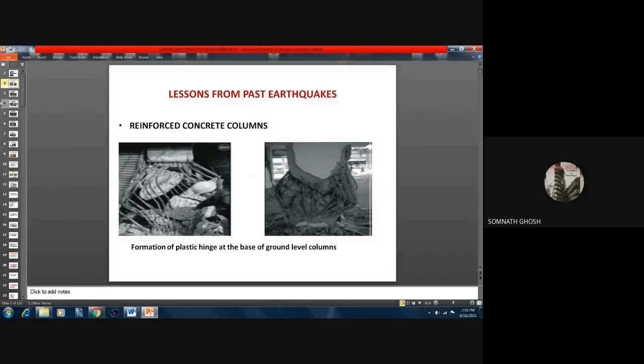You see, it's a typical reinforced concrete column. And at the base level, if the column hinge is formed, a plastic hinge is formed, what does it mean? Means this particular section at the base level cannot carry any further moment. It cannot sustain any load.